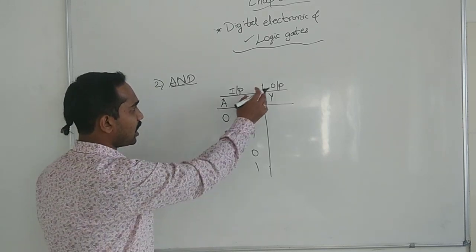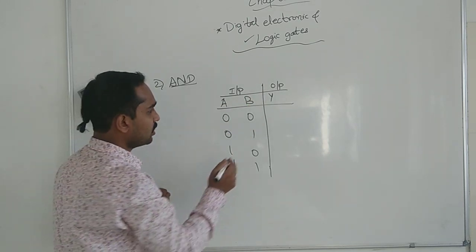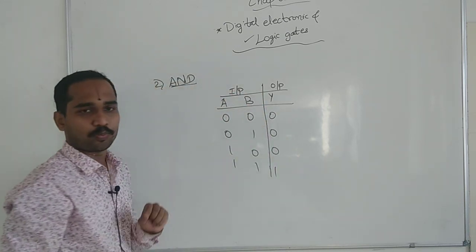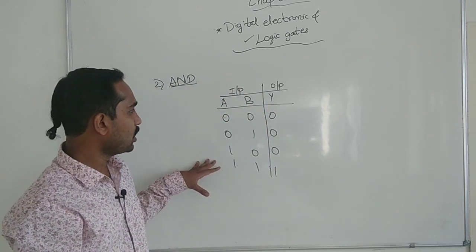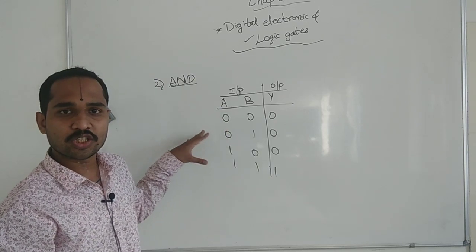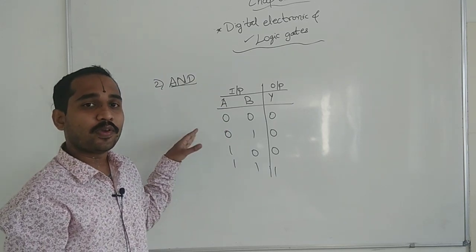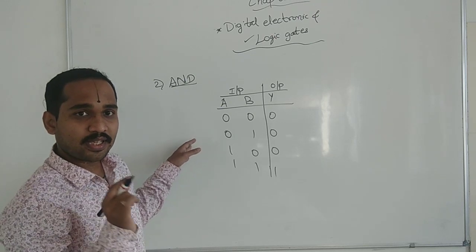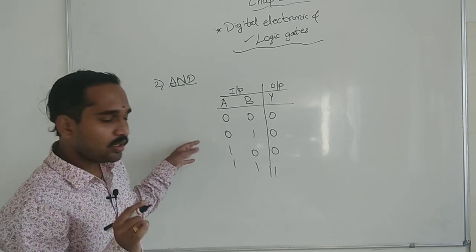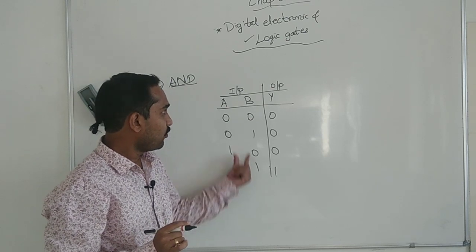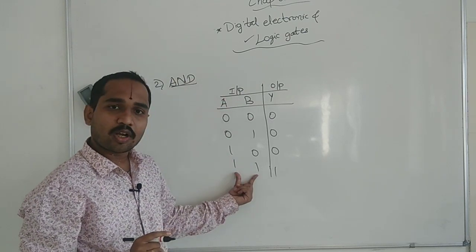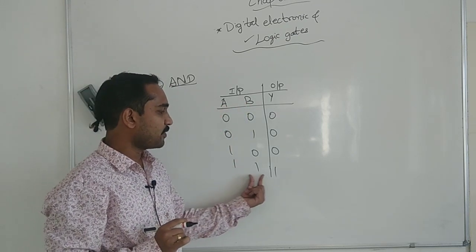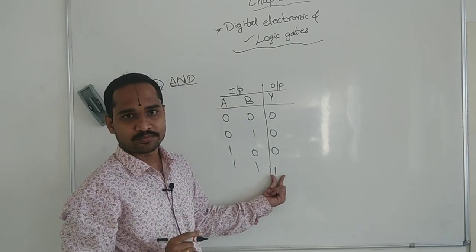Now your output is in such a way that, see, this is the output. Can you now form the logical relationship of the AND gate? When can you say that it is an AND gate? You can say it when only if both the inputs are 1, the output is 1.